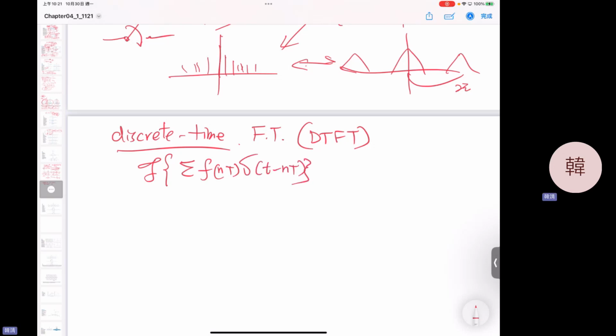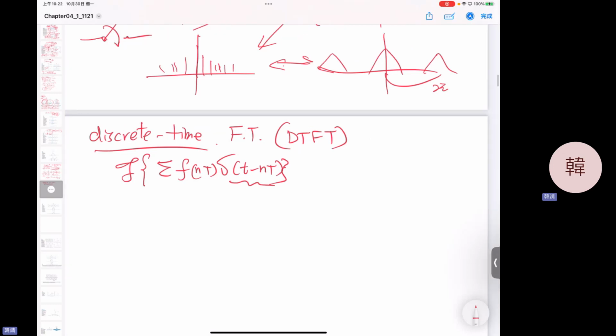You can write it down like this. How to do that? Your original f of t times the delta series, the impulse train. So see, from this one, every T seconds you sample 1 point, and it's an impulse train. So what's the result of this one after Fourier transformation?